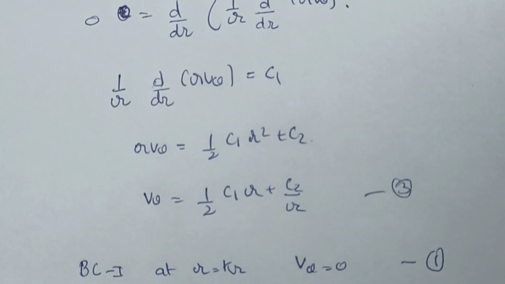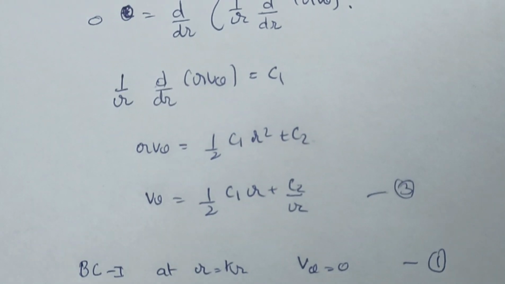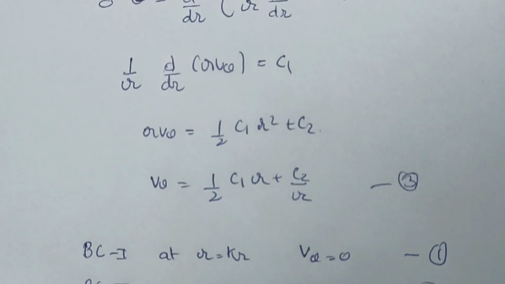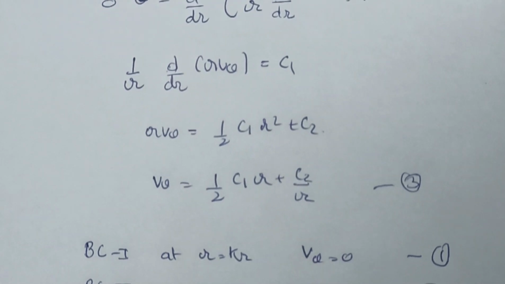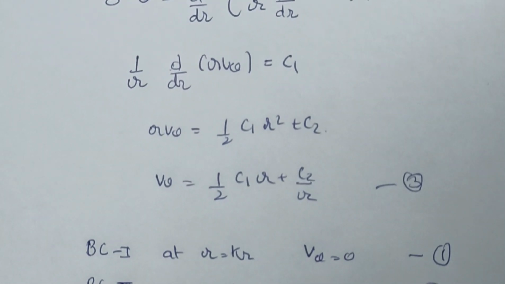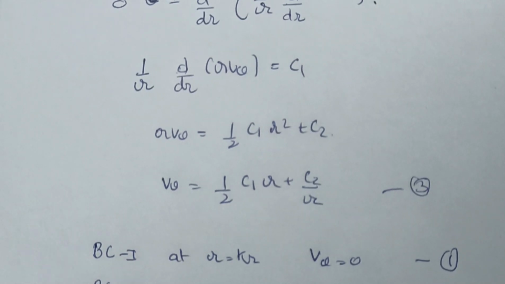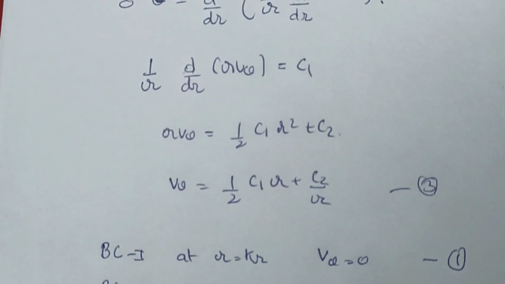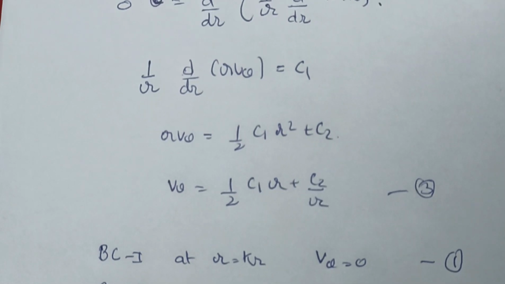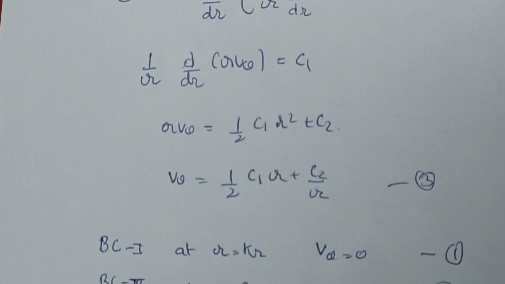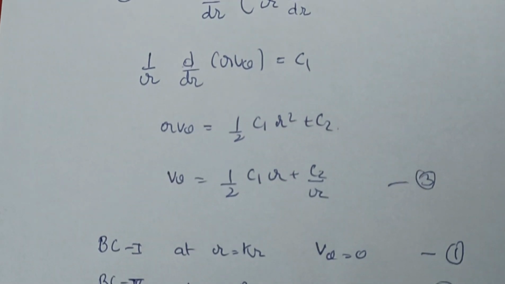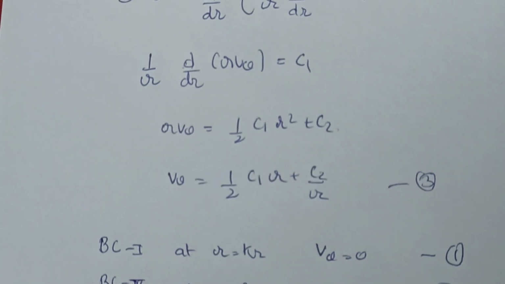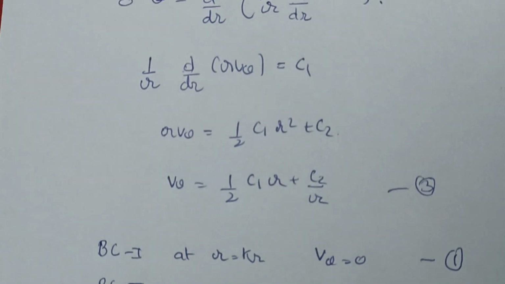We will put equations number 1 and 2 in 3 to remove the constants and obtain an equation for v theta.